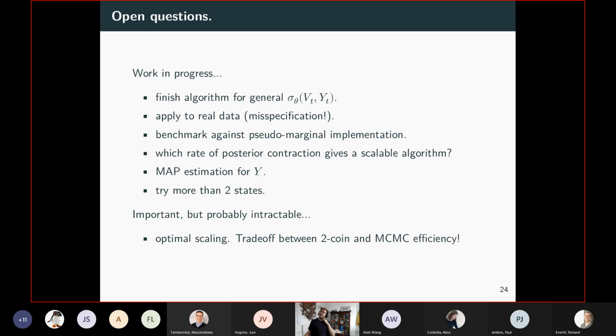And so where does that leave us? In order of importance, we are finishing the algorithm for more general forms of the instantaneous volatility sigma. The main issue here is that x becomes discontinuous if you allow sigma to depend on y.